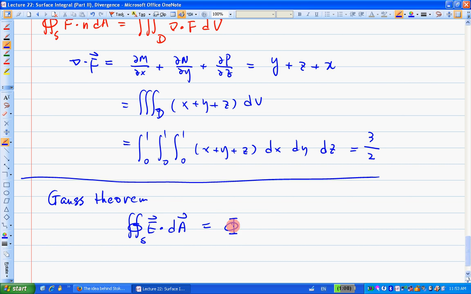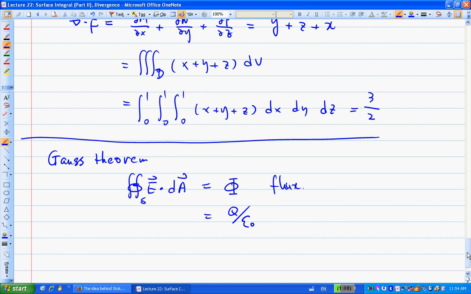This flux Phi is equal to the total charge Q over epsilon naught, where epsilon naught is the electric constant. So that's Gauss's theorem.